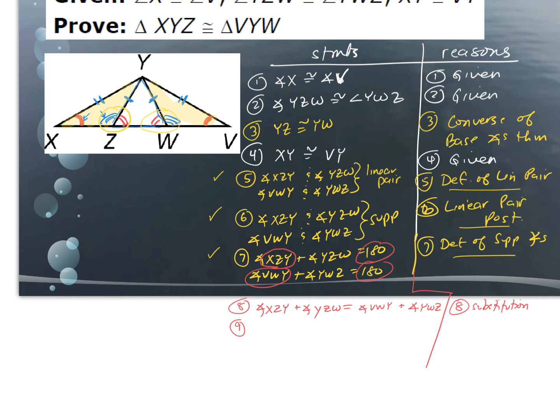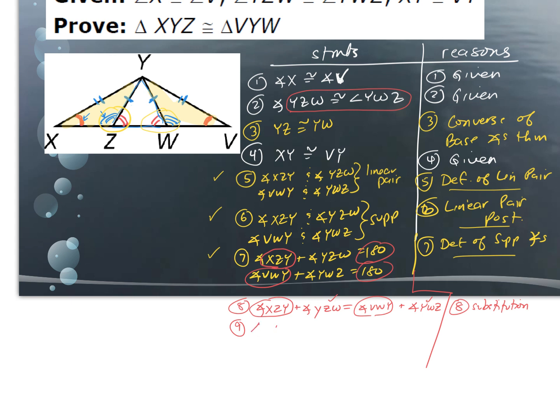I want to get to the point of saying that those two angles equal each other. And so notice that one is on this side of the equal sign and one is on the other. So I've got to find a way of getting rid of YZW and YWZ. Well, notice up here I said that YZW and YWZ were equal. So I could also substitute there. So what I'm going to do is substitute in here again.